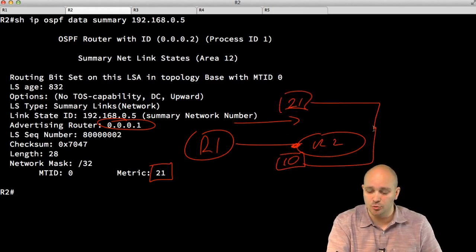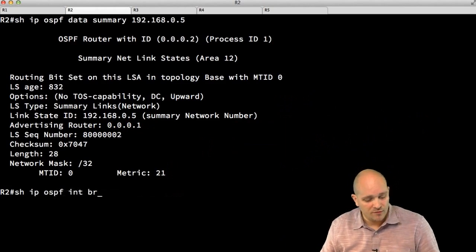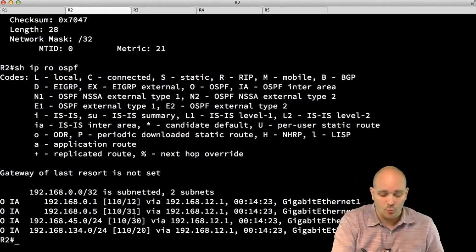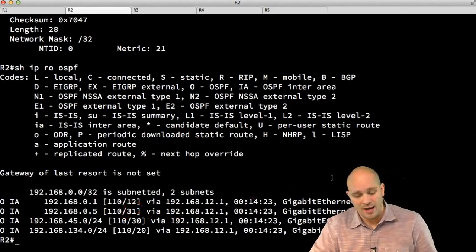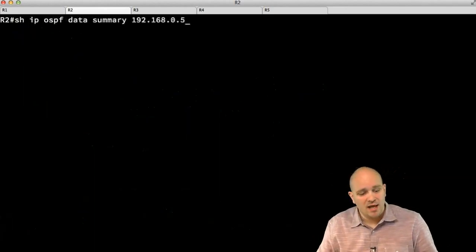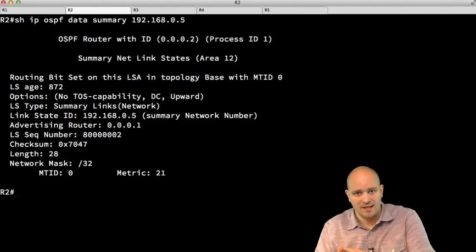It's adding these two together, and we are ending up in the routing table with the cost of 31, which we can confirm if we do show IP route OSPF again. We can see here that the cost was indeed 31. And this shows us here how R1 actually generated the new LSA.